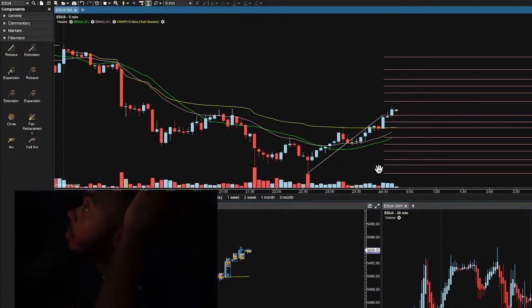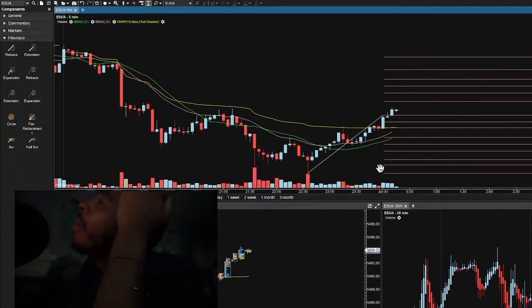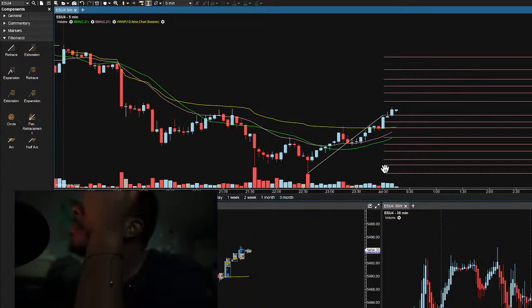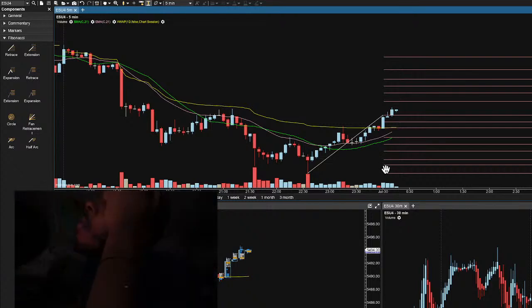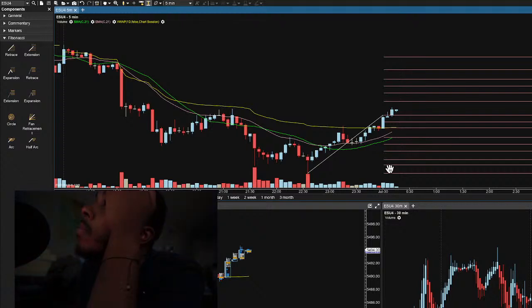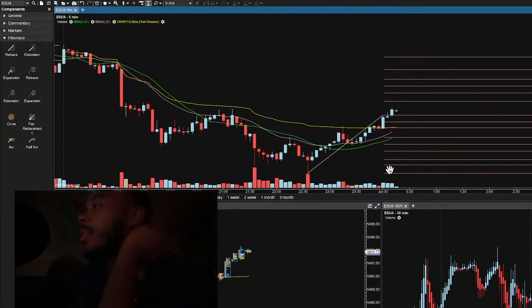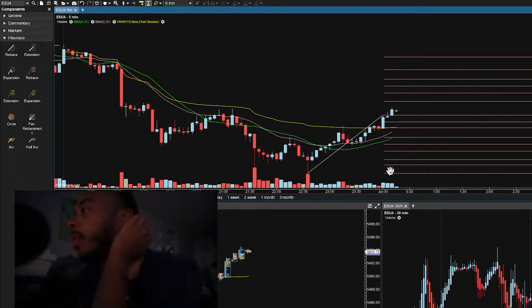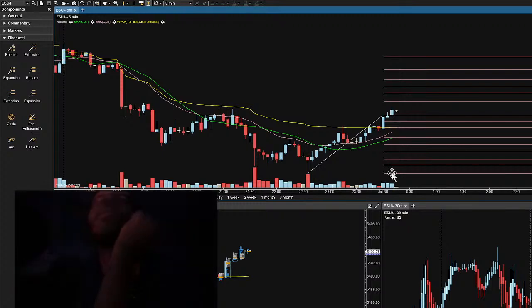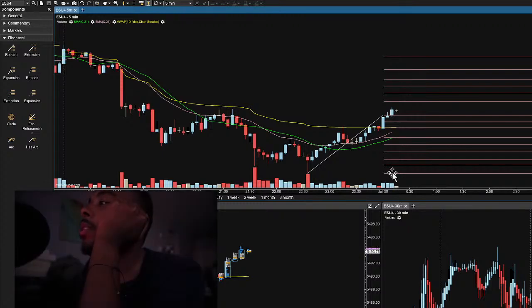I would love for it just to kind of retest VWAP. Give me a little something, something. Just gotta be patient, right? That's the name of the game. Be patient.